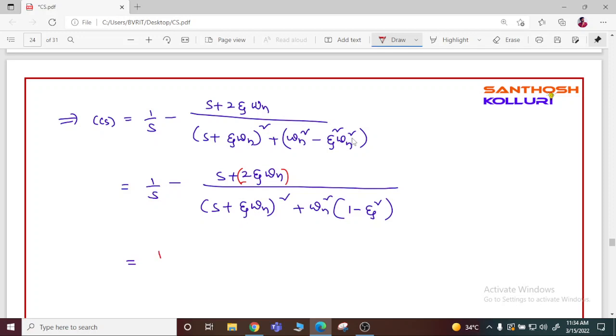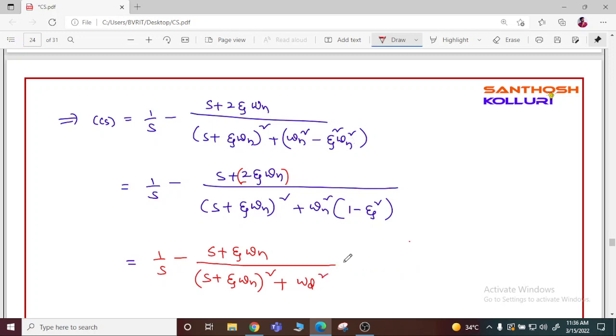So I will write this equation as 1 by s minus (s plus zeta omega n) divided by (s plus zeta omega n) whole square plus omega n square into (1 minus zeta square), which I am writing as omega d square, minus zeta omega n divided by (s plus zeta omega n) whole square plus omega d square.